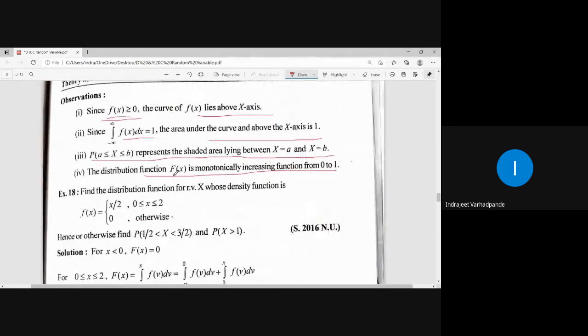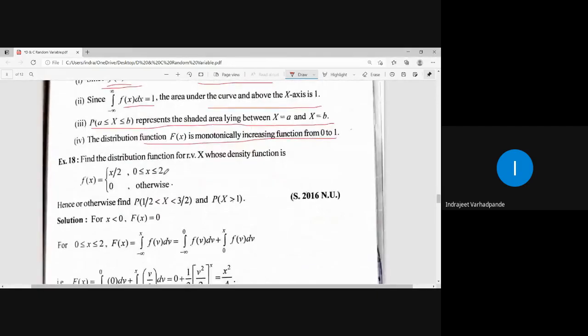Now the main example related to the distribution function. Write down the question.